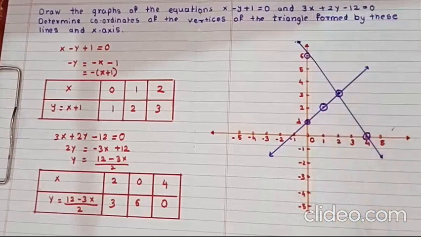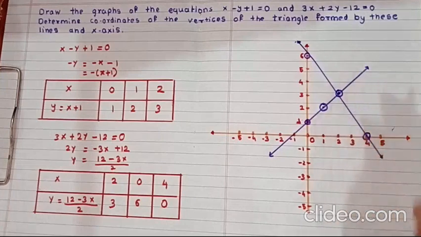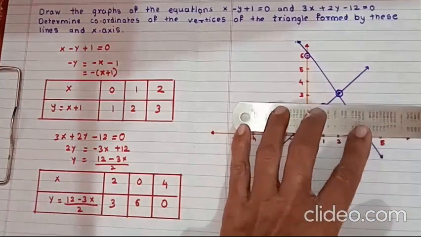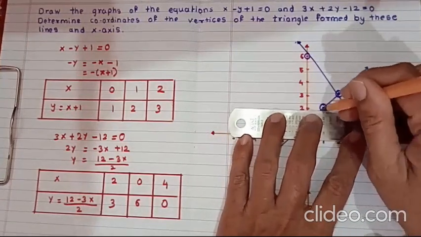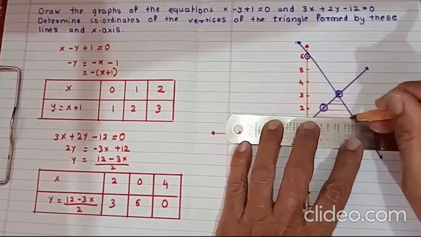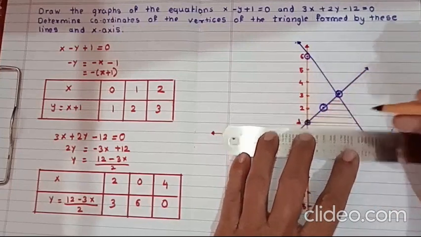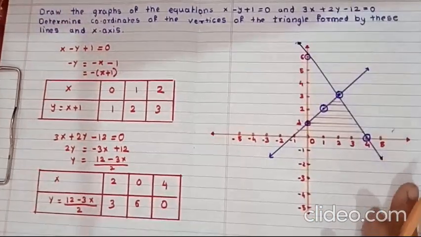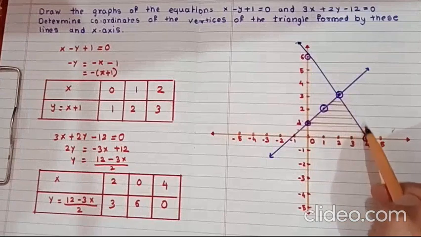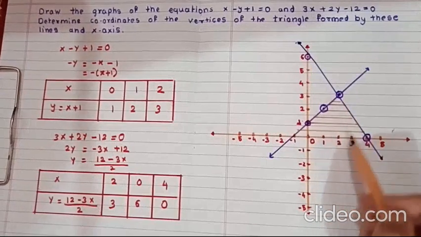Now this is the triangle which is formed by the vertices of the lines representing the two equations. So you have to shade this region. This is your triangle which is formed by the two equations and the x-axis.